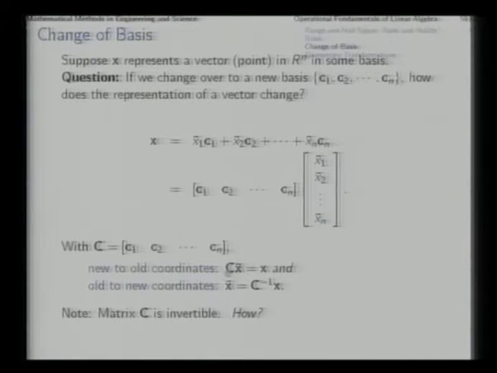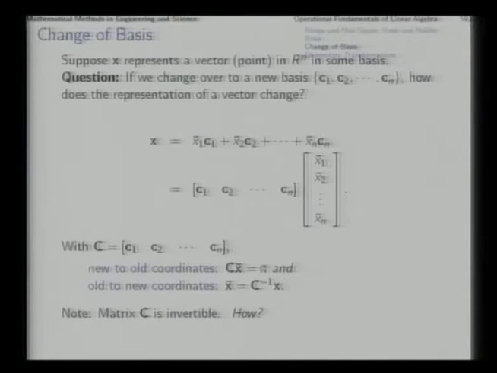By inverting this matrix C, we get the transformation from the old coordinates to the new coordinates, and make note that this inversion will always be possible. That is, this matrix is invertible, because we already know that C1, C2, C3, C4 up to Cn form a basis, and that gives us a methodology for conversion from the new system to the old system.